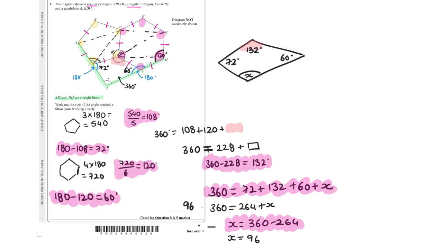If you've just written this and then put x equals 96, you will not get that mark. Okay? And then you get the last mark for 96. You do not get a mark for x equals 96 if you haven't written these previous steps.